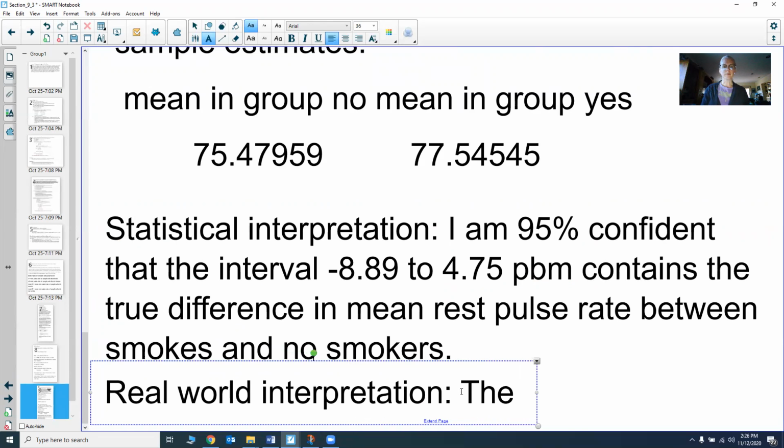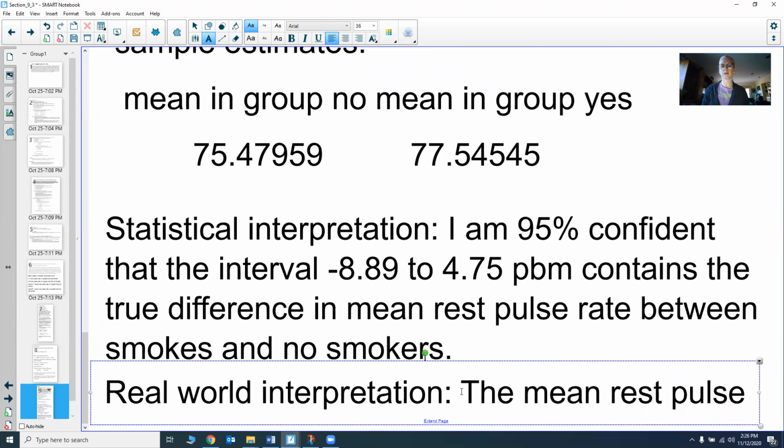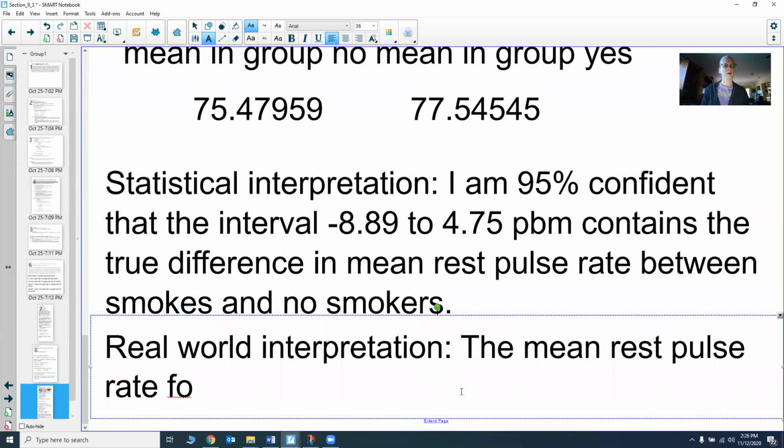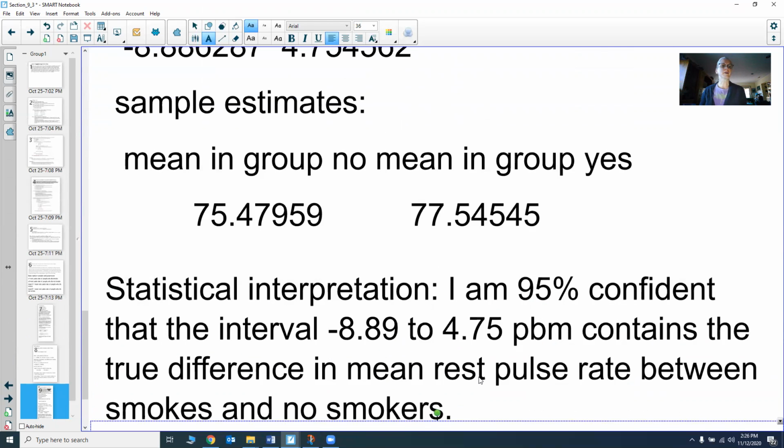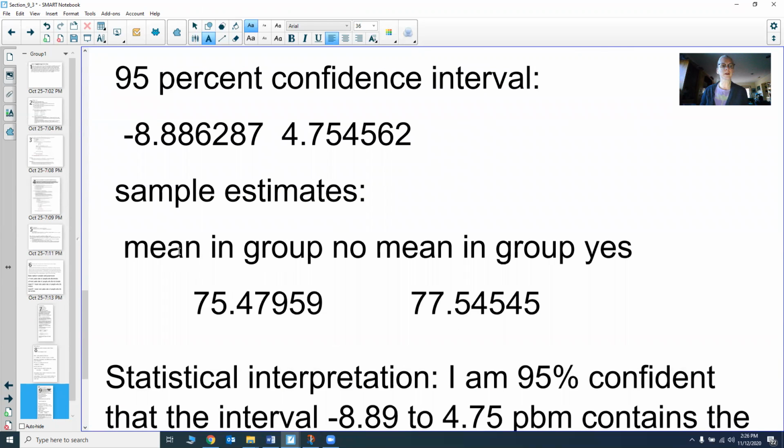So that means that the mean resting pulse rate for smokers, because remember that was what came first. And oh, I meant to tell you why that was. And that is because here we've got our mean group, the no group is first, and the yes group is second. So R considers the mean group no first and then yes second. So it considers this X1 and X2. That's the only reason we did it this way.